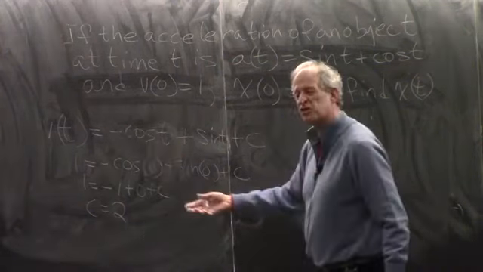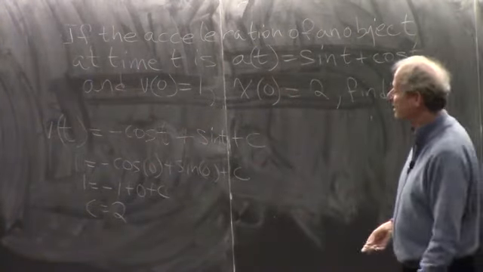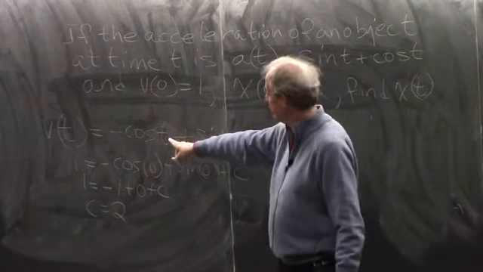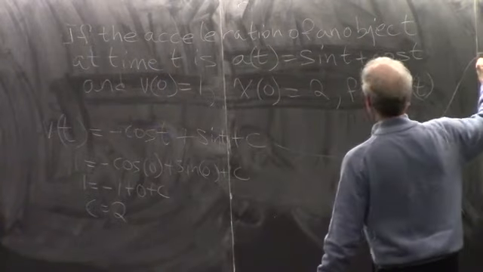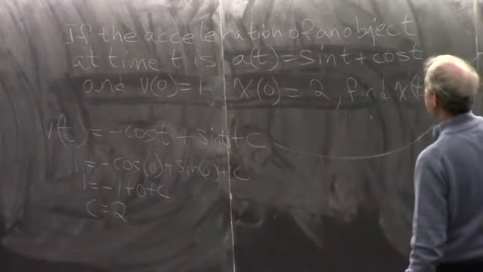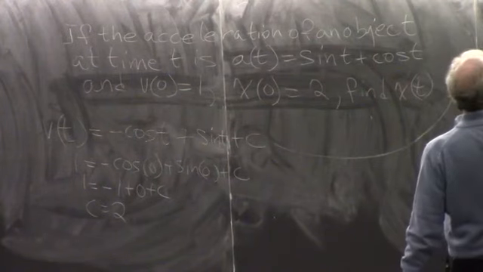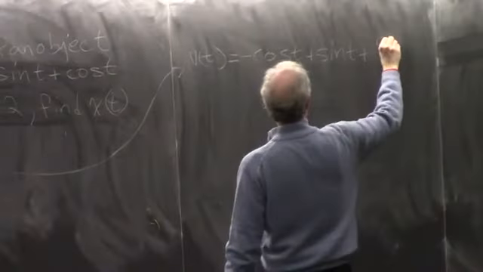You're just going to sort of assume things are 0 that aren't. So be careful. That's one of the places where you mess up easily on exams. Okay? Sine of 0, 0. Cosine of 0, 1. Okay. So that means now that v of t is minus cosine t plus sine t plus 2.